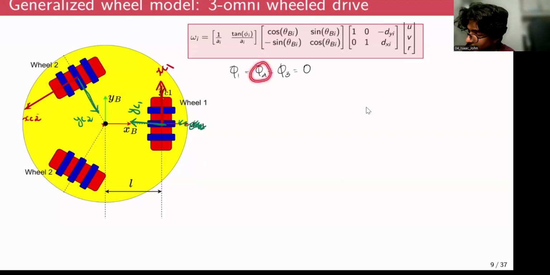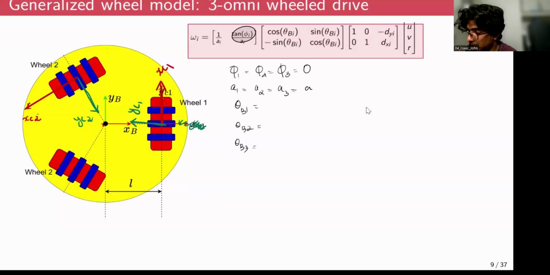So that makes phi 2 0, and similarly for phi 3. Phi 3 is also 0. All right, then what are the terms? We have established that phi i is 0. Then the radius of the wheel, a1, a2, a3 are all constant. We'll call this a. And then what about theta B? Theta B1, theta B2, theta B3.